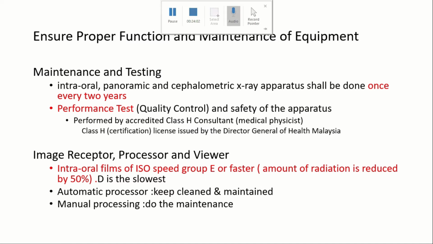The performance test will be carried out by an assigned body, an accredited Class H consultant, usually a medical physicist, who has a Class H license issued by the Director General of Health of Malaysia, Dr. Noor Hisham.